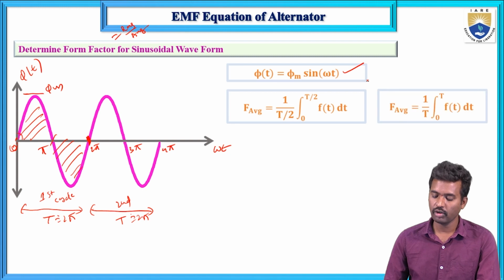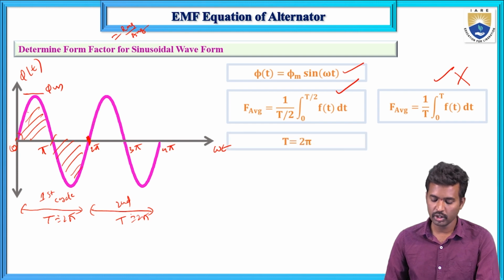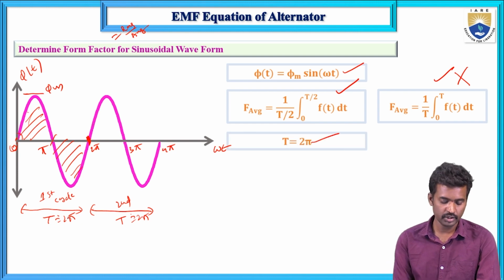For an asymmetrical waveform, f average equals 1 by T, integral from 0 to T of f of t dt. Don't use this one for a symmetrical waveform; for symmetrical waveforms use this formula. Here this formula is applicable to this waveform because it is a symmetrical waveform. Here the time period T equals 2 pi.